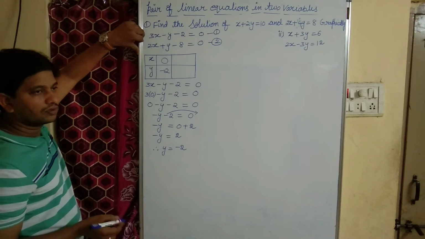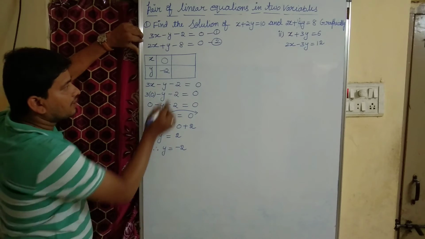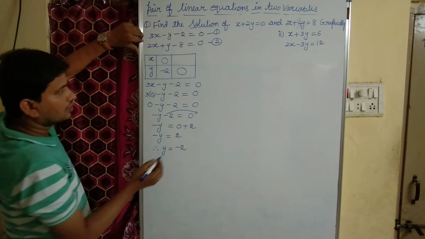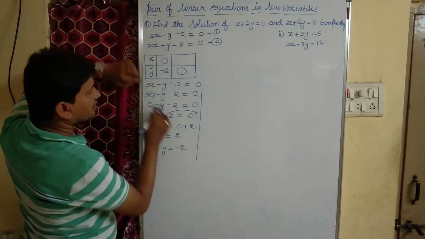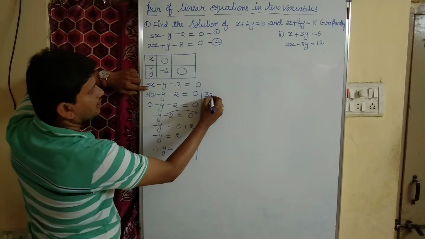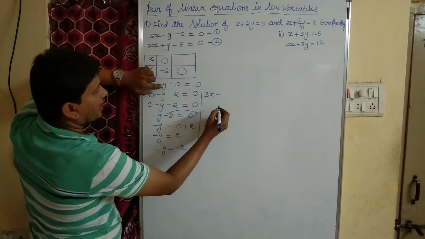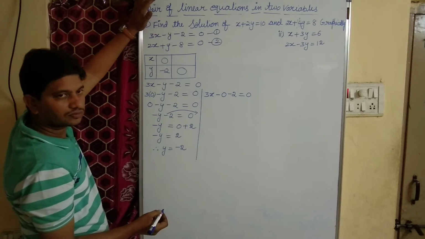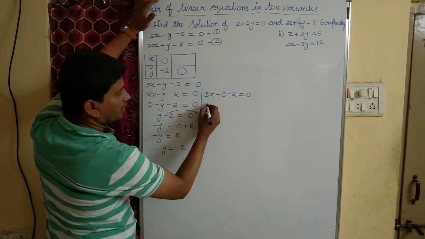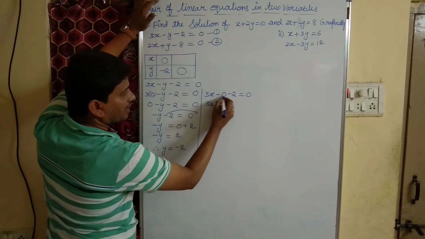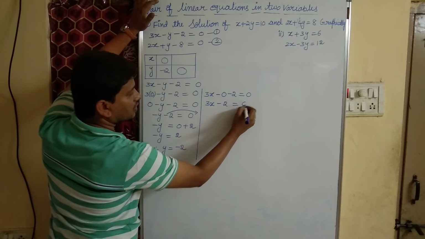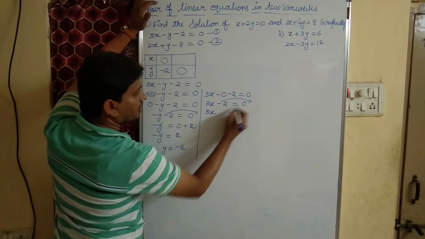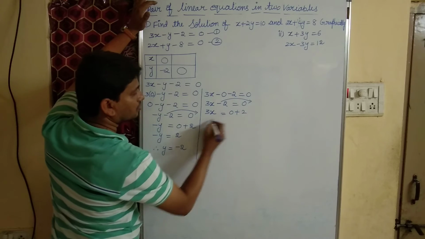Right? Now what I want to do is substitute 0 in place of y. So our equation is 3x minus, as y value is 0, minus 2 equal to 0. So 3 into x, 3x only, minus 0 minus 2, 3x minus 2 equal to 0. 3x minus 2, if you transpose, it will become plus 2.